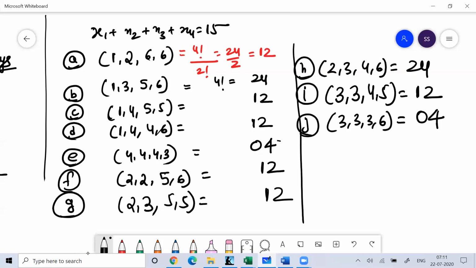So let me do the sum. So this is 3 4 5 6 7 9 10, 120. 120 plus 8, 128. Okay, so it is 128.